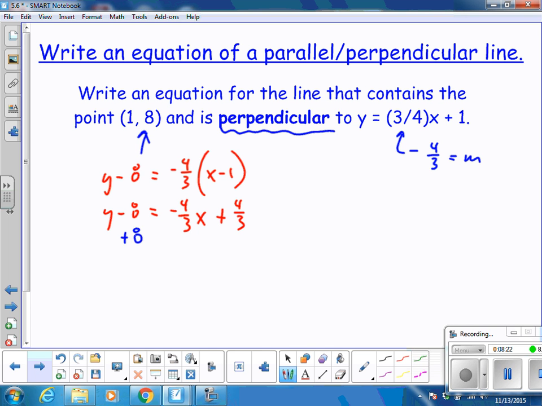Let's get some 8 around. Y equals, there's the reciprocal slope that I'm looking for. And I have 4/3 plus 8. I guess you can say that is 8 4/3. We probably would turn that into a mixed number or something like that, but that'll work right now. Look at that. There's my reciprocal slope.